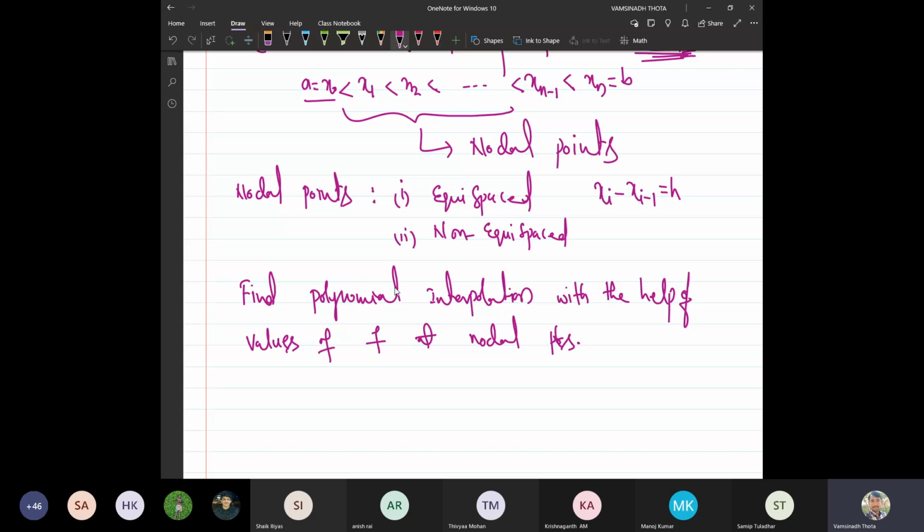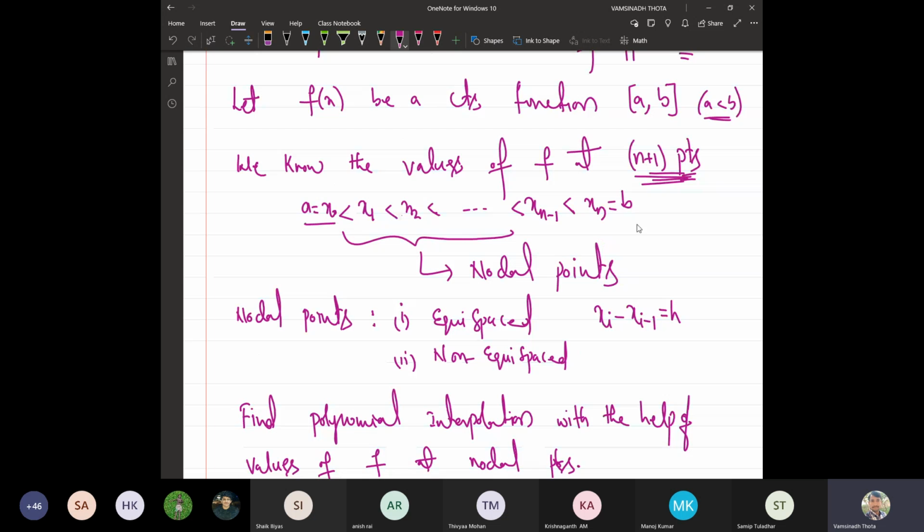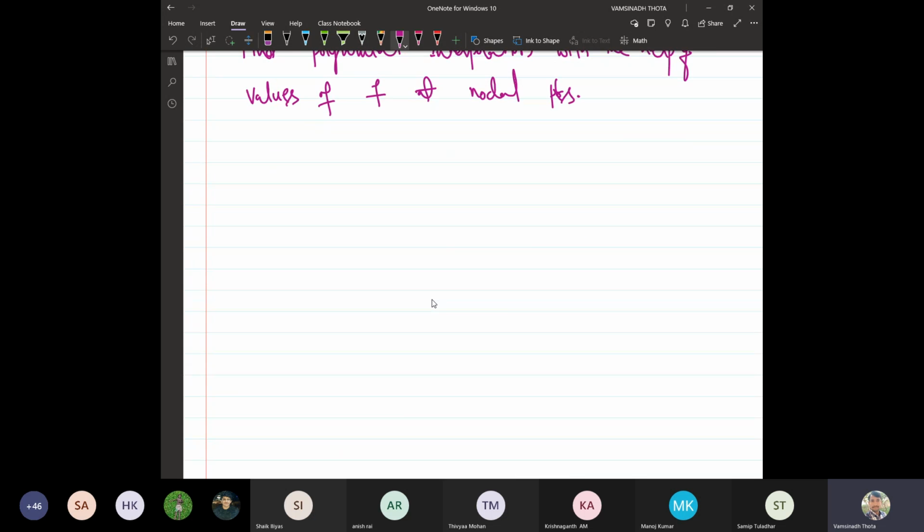Now, if it is a polynomial, then what about the degree of the polynomial? If n plus 1 points are given, then it is better to use the information at all the n plus 1 points. Suppose this is A and this is B. As we said, A is nothing but x0 and B is nothing but xn, and before that xn minus 1.